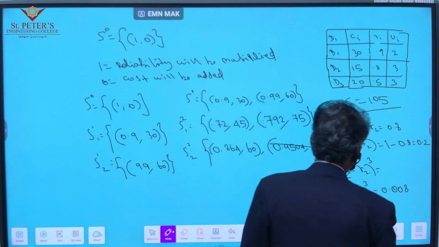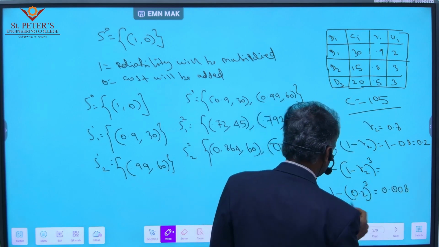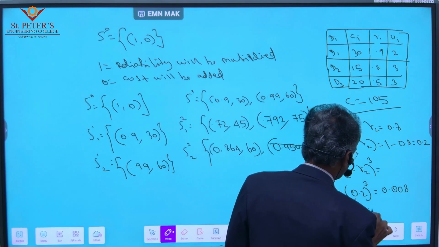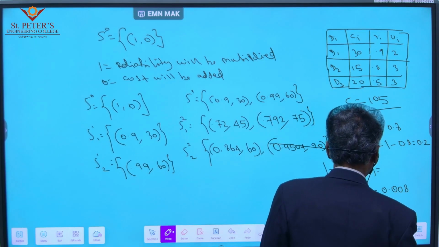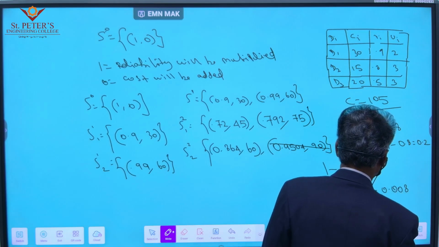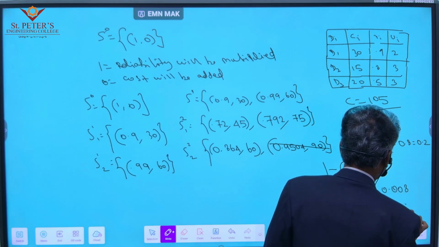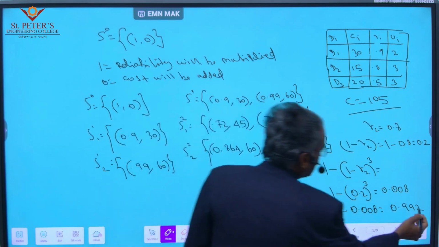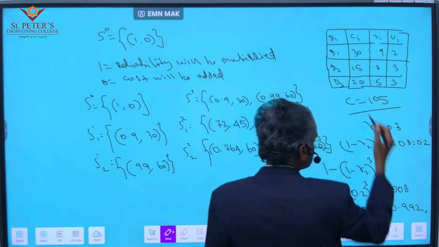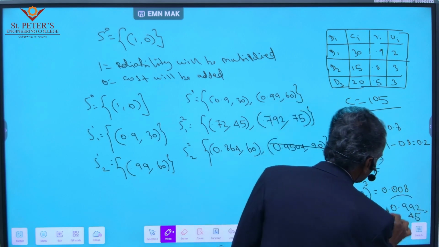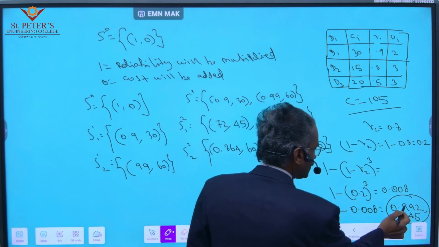So this is the failure rate. Then what about that? 1 minus 0.008 is equal to 0.992. This is the reliability ratio. Then the cost is 45. So this has to be calculated as reliability ratio and the cost.